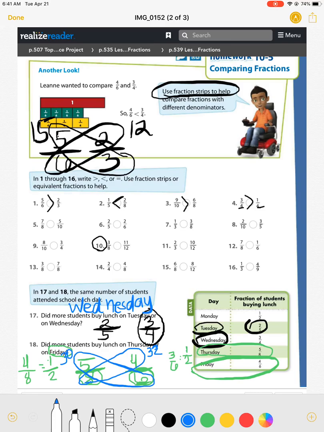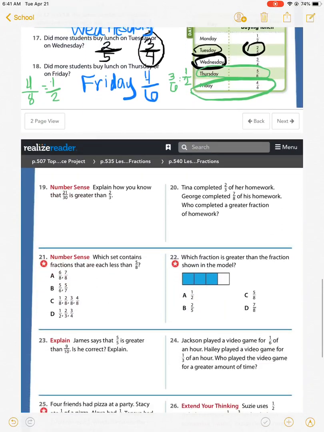That would be 32. There, it was really close though. So we're going to say Friday. That fraction was 4/6. Okay, let's go to the back of the page now.